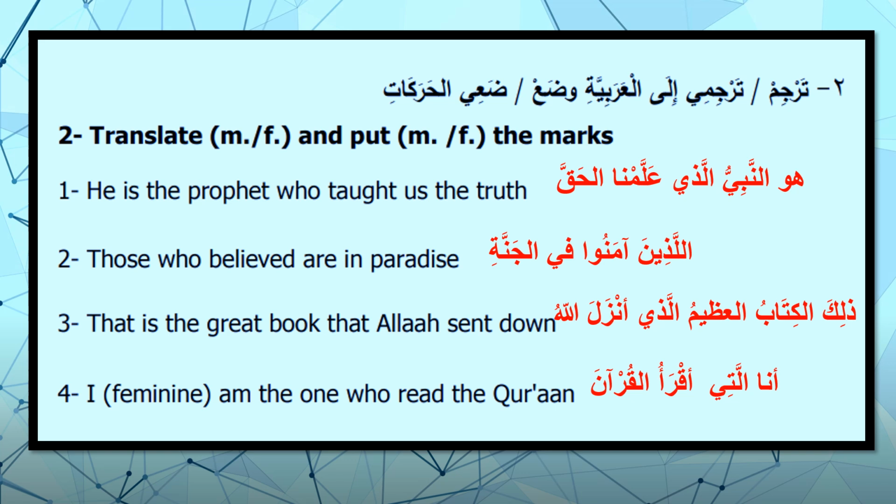Allati is the ism mausool here and aqra'u is the fi'l mudari. So this aqra'u has the fi'l and the fa'il in it, aqra'u representing ana. So this is jumlatul sila for us because it is coming after the ism mausool.